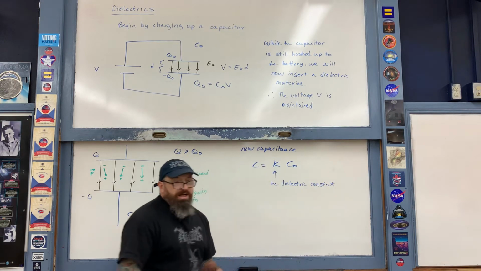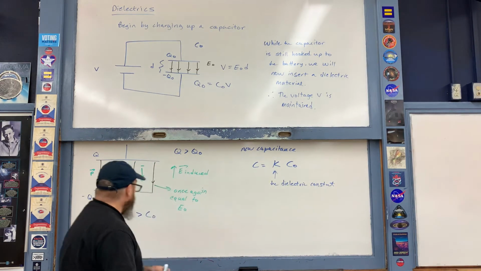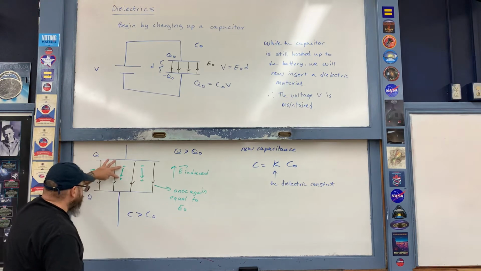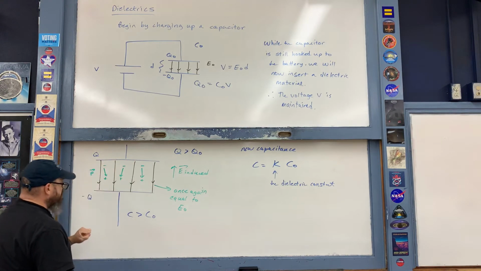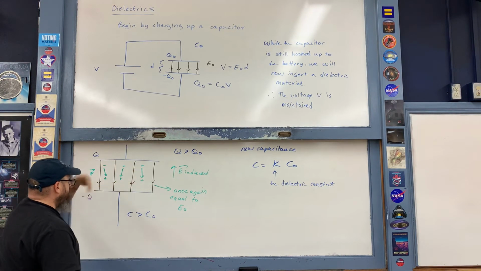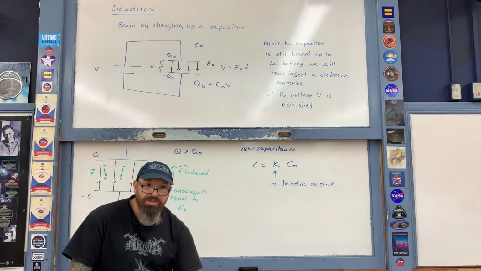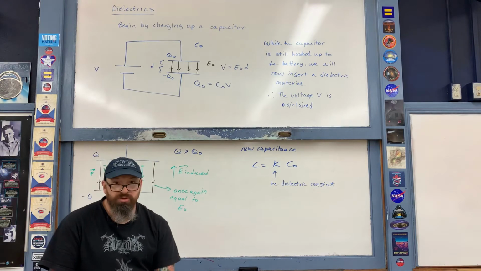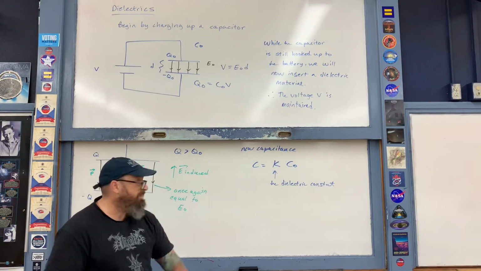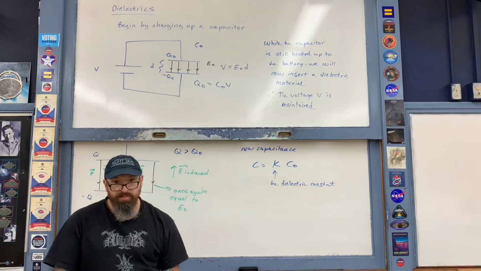The dielectric constant is basically a measurement, if you will, of how much polarization takes place within the dielectric material when you insert it here in between the two plates of this capacitor. The greater the polarization that occurs with the dielectric, the greater the dielectric constant, therefore the greater the capacitance.